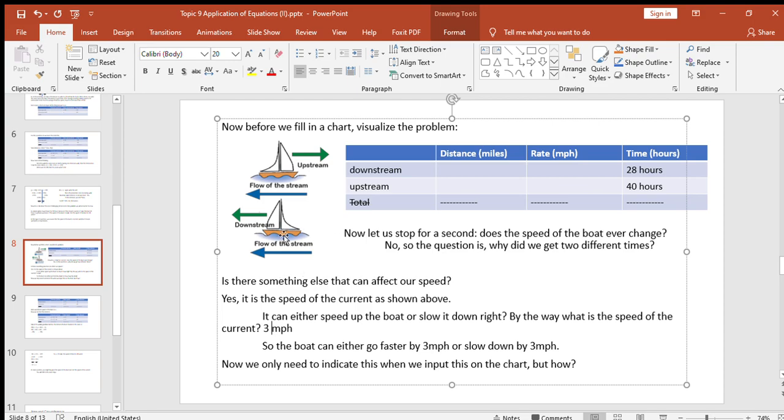Let's think of this scenario, okay? Let's look at this graph and hopefully you'll get it if you didn't get my previous example. So now we have to indicate the boat is either going faster by 3 miles per hour or getting slower by 3 miles per hour in the chart. So how do we do that?